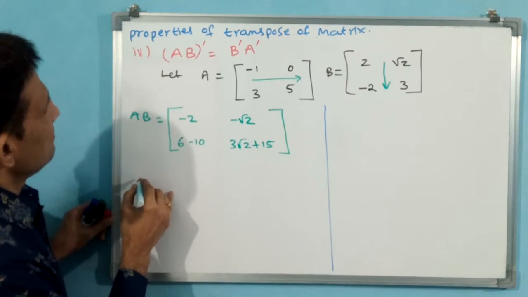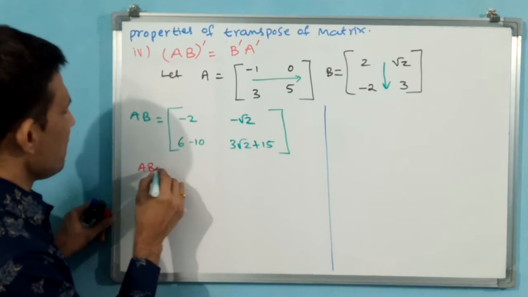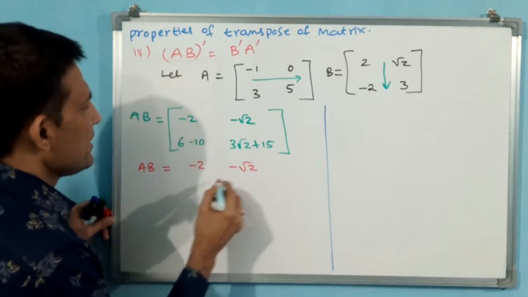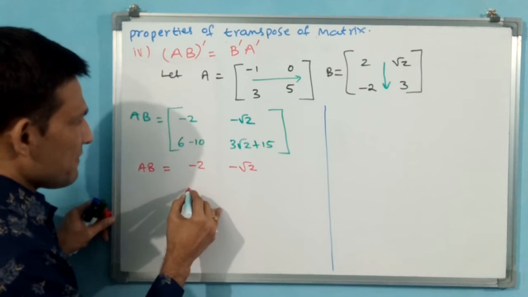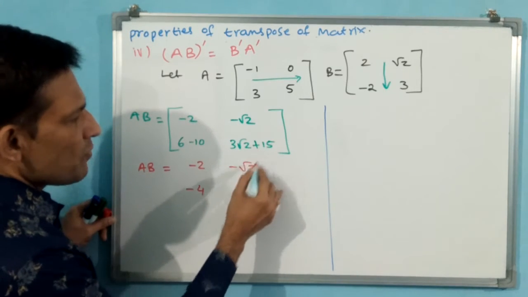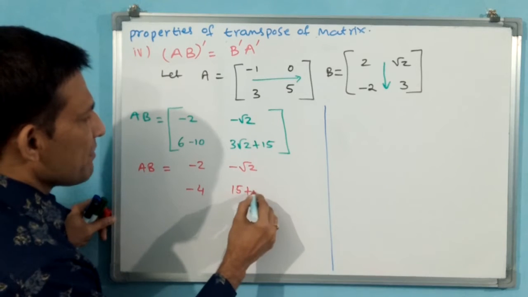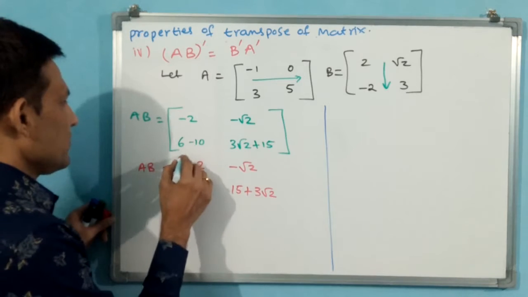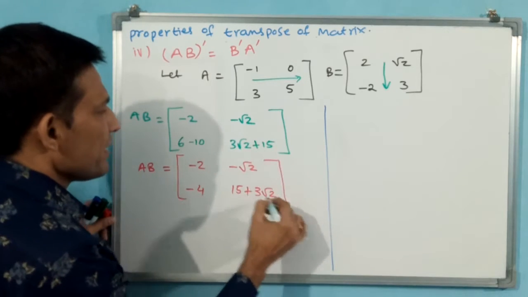First finalize, then we will make a transpose. Minus 2 will be there, minus root 2 will be there. 6 minus 10 will be minus 4. Then rather than 3 root 2 plus 15, I will write 15 plus 3 root 2. This will be the final AB.